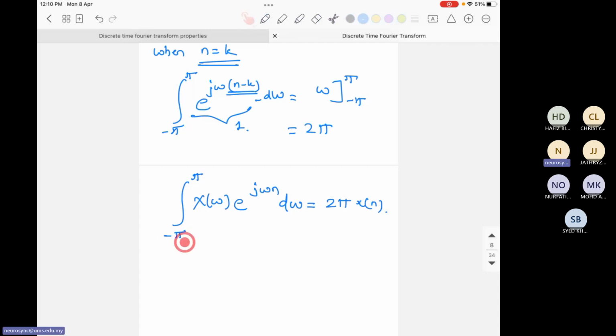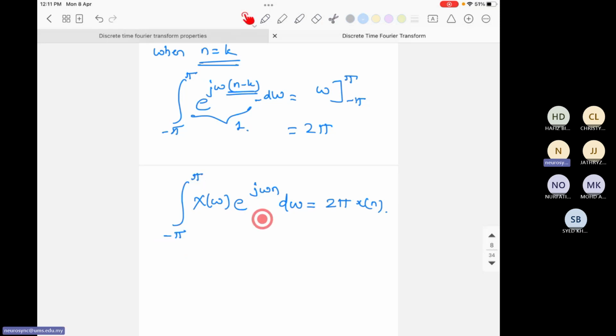This term we have already started with. We have started with, if I want to find x of n from X of omega, omega is having continuous values. Therefore, we need to take the integration over this unique interval minus pi to pi.